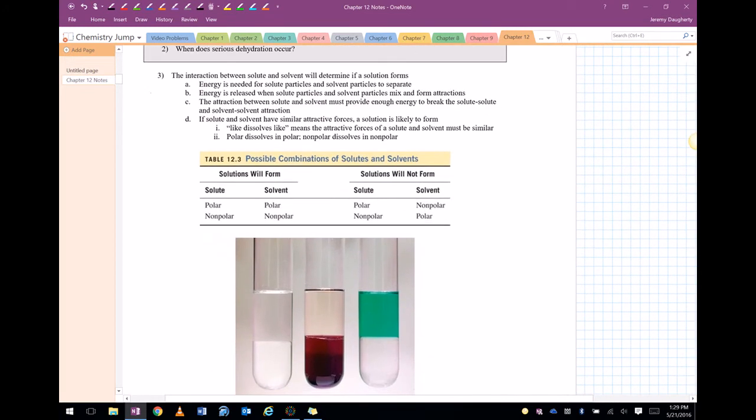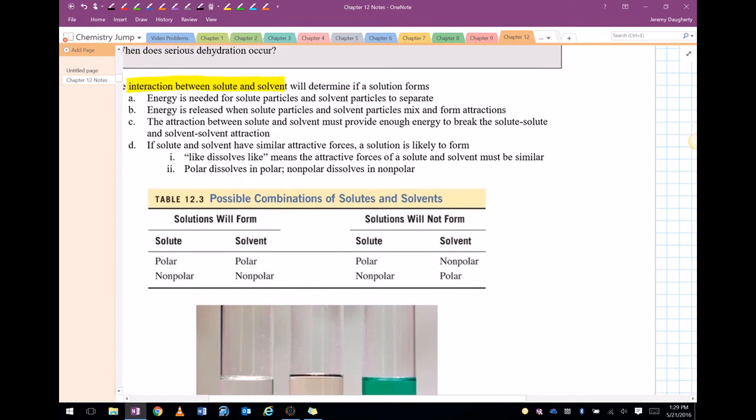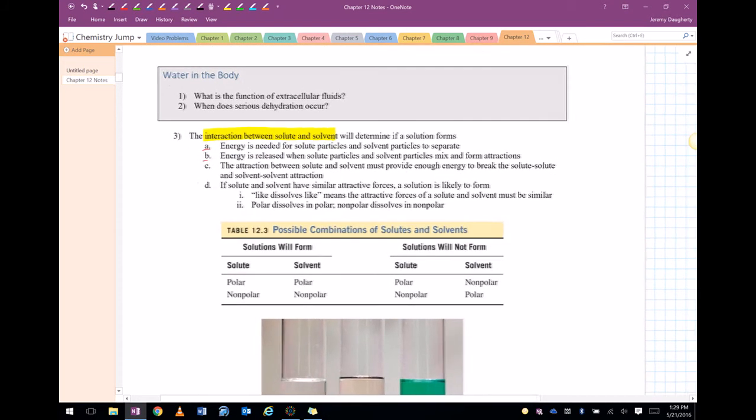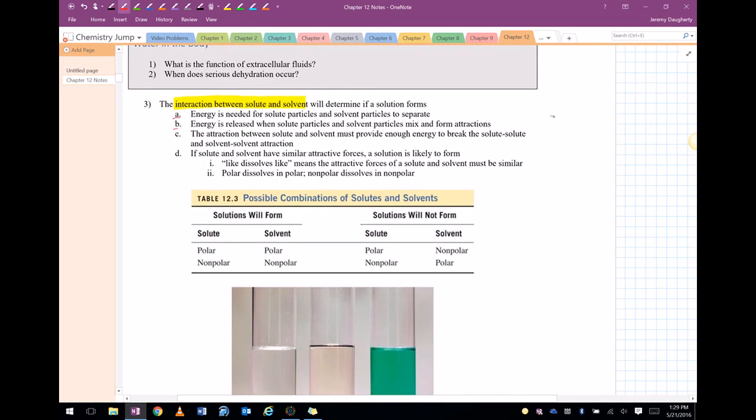So let's talk about what actually happens in order for a solution to form. As far as the forces of attraction between the solute and solvent, there are three things that need to happen. The first thing is we need to separate the solute from itself. Here's the solute, let's say it's sodium chloride. I'm just going to draw a solid.